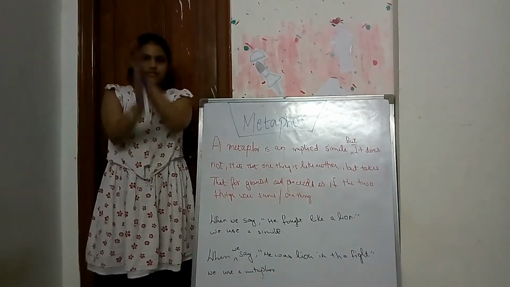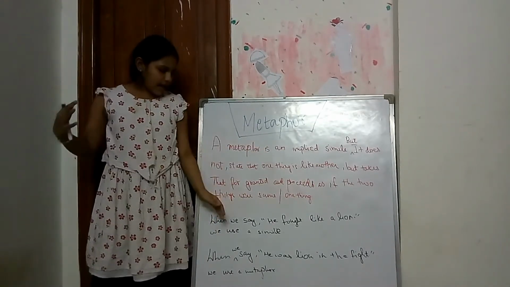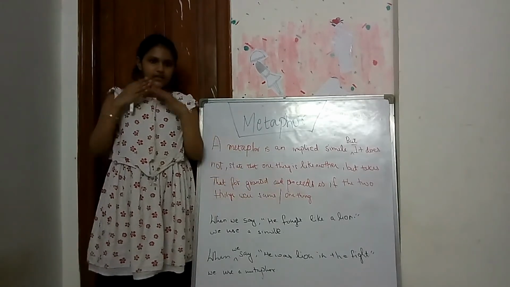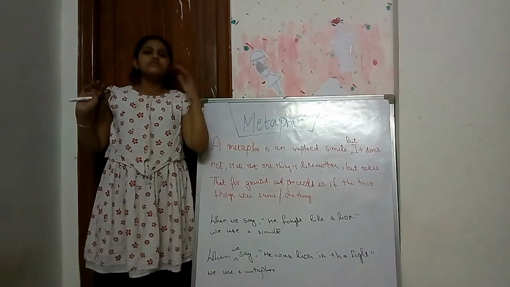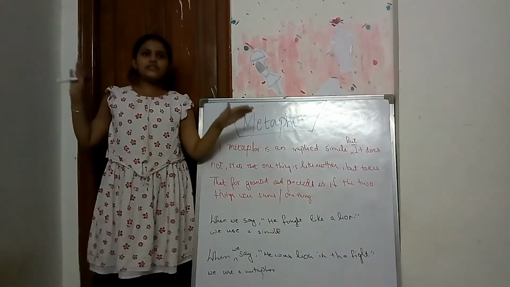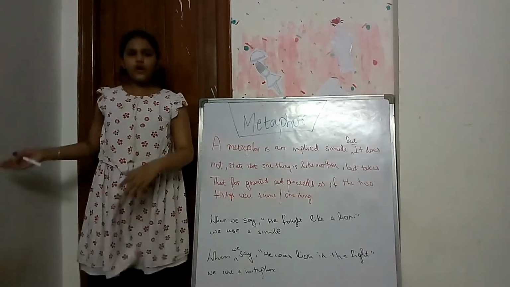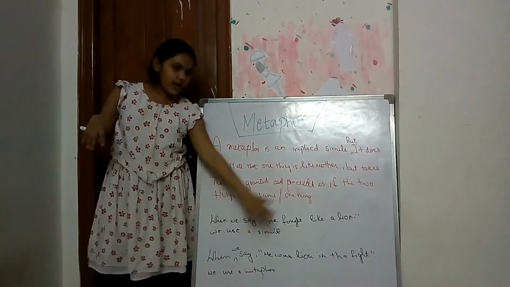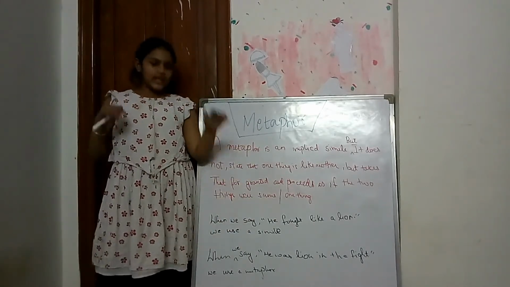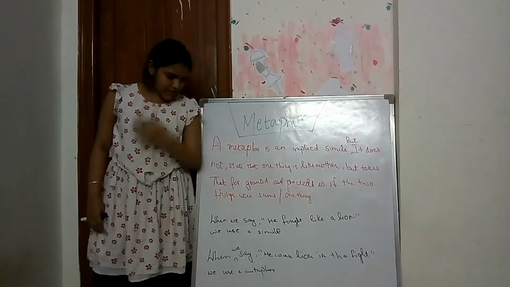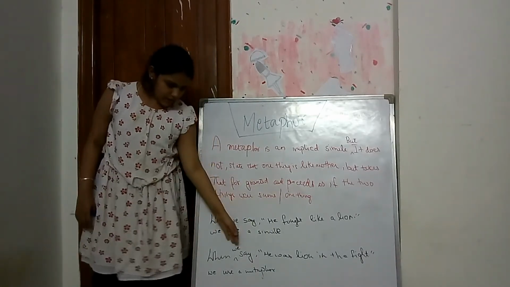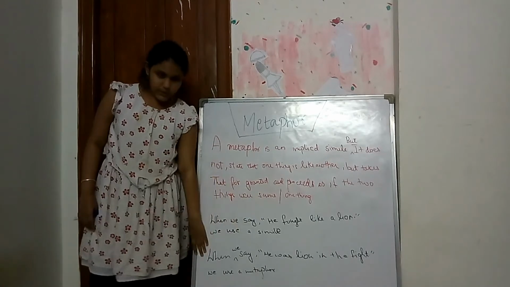It is just taking that for granted and proceeding as if the two things were the same, thinking the boy and the lion were the same. That's why, using he was a lion in the fight, we use a metaphor.